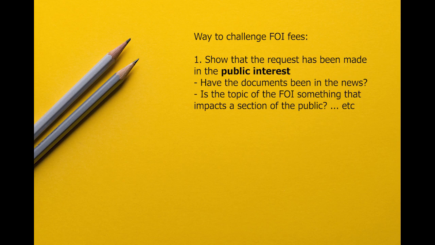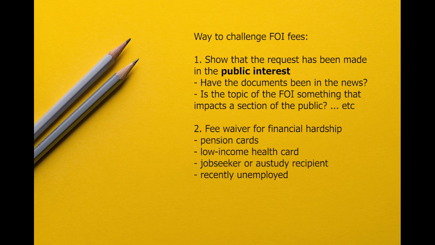The second way, which I've had more success with, is you argue to the agency that paying the fee would cause you financial hardship. So you might be able to do this if you have a pension card, or if you're receiving welfare as a student, or have a low-income health card. Under the legislation, that's one of the important reasons that they'll actually waive FOI fees.